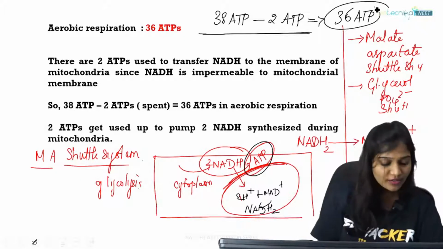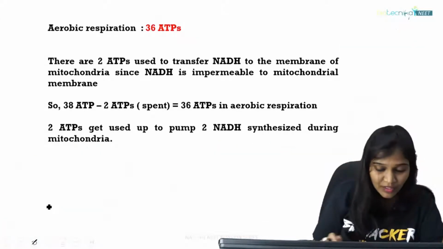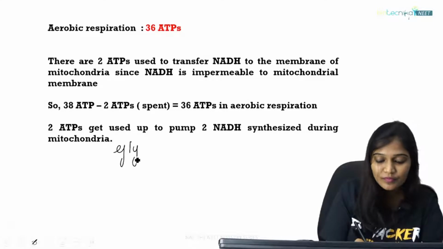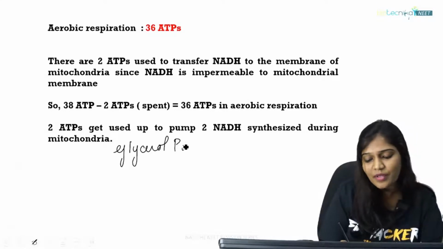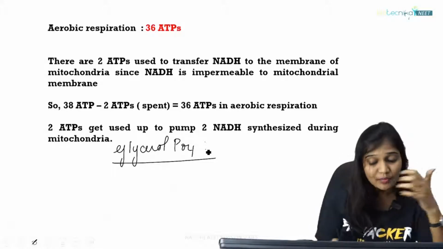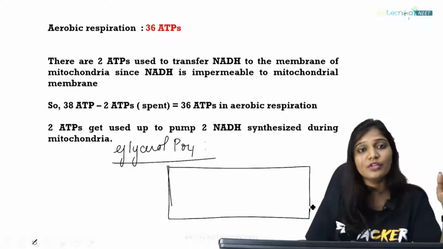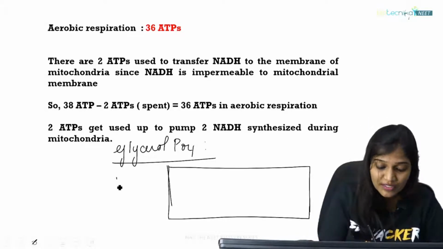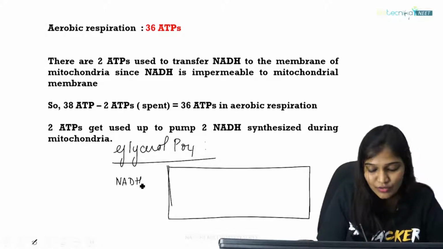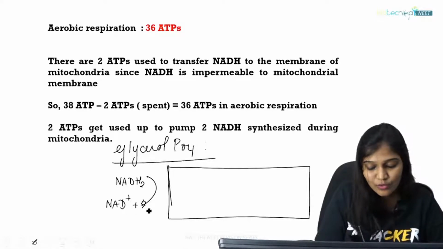If I have to talk about the glycerol phosphate shuttle system, just understand that the malate aspartate shuttle system is very efficient. Glycerol is not that efficient, because here also some of them will use that pathway, some of them will use the glycerol phosphate shuttle system. Here the NADH2 will be converted into NAD plus 2H plus.